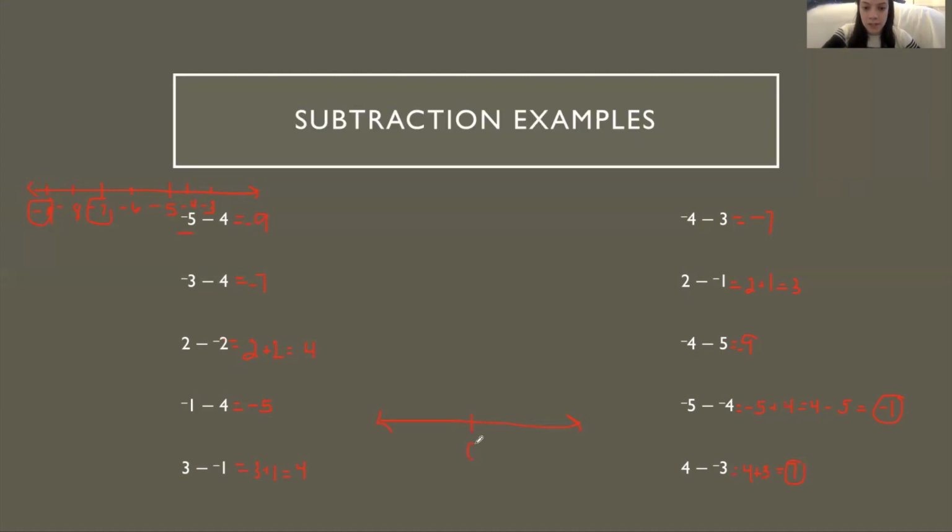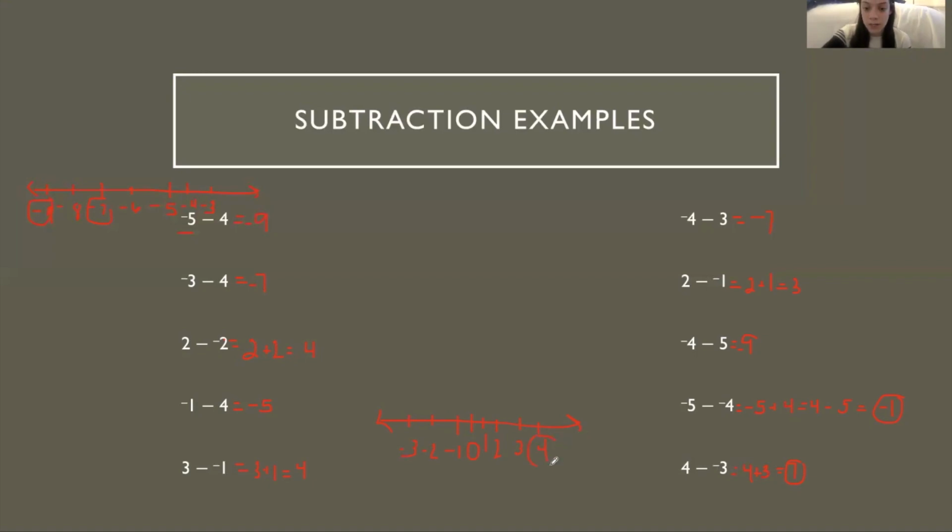If our 0 is here and we have 1, 2, 3, 4, and then we get negative 1, negative 2, negative 3. So we're subtracting negative 3 from 4.